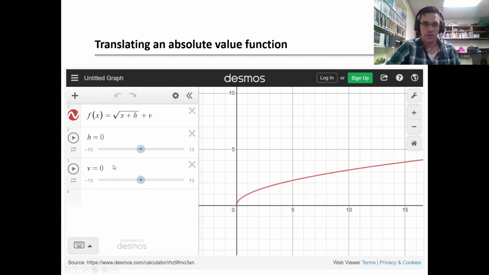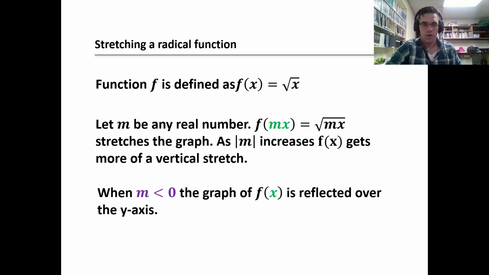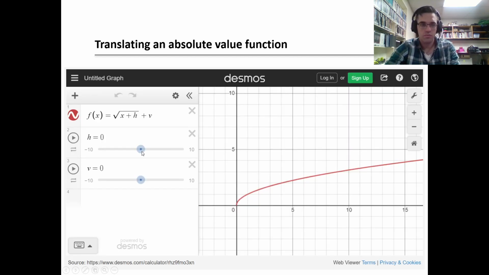So if we check that out on a graph, we have f of x equals the square root of x plus h, plus v. As h becomes a positive number, so x plus some number, our graph is not going to change shape, but it is going to move to the right. And as h becomes a smaller addition or becomes a subtraction, so x minus some number, the more we subtract, the further right this graph is going to move.